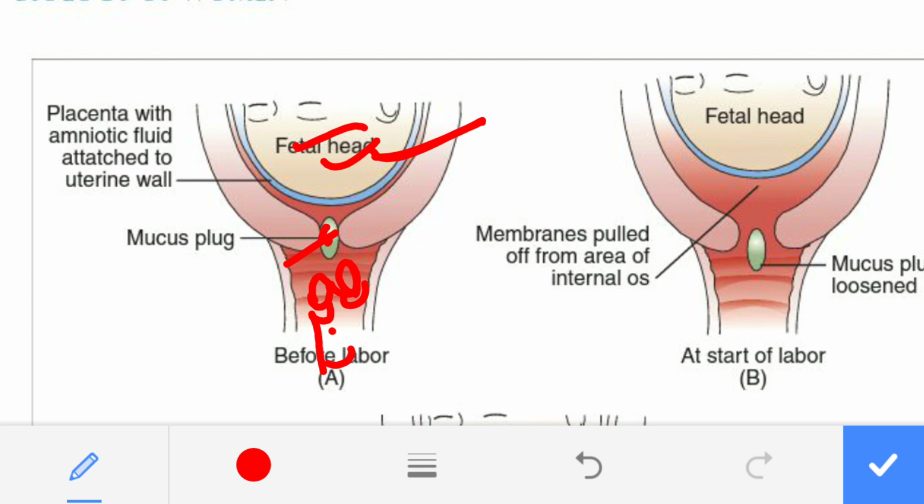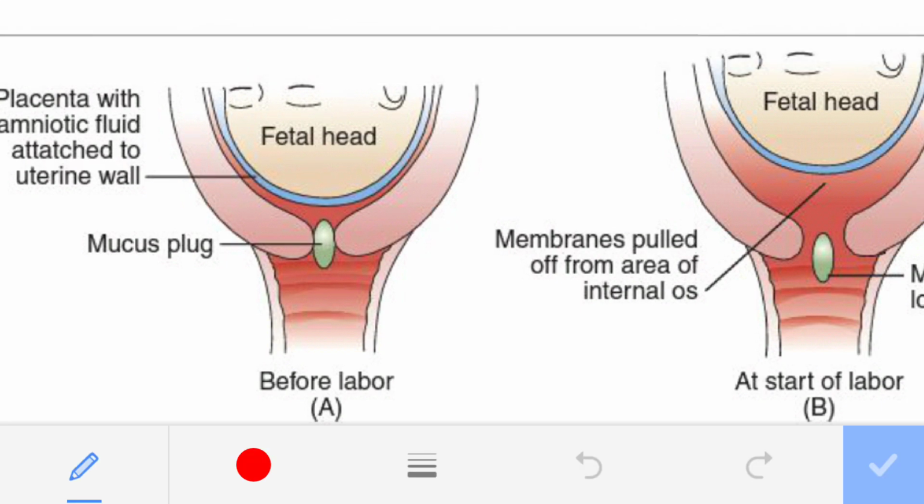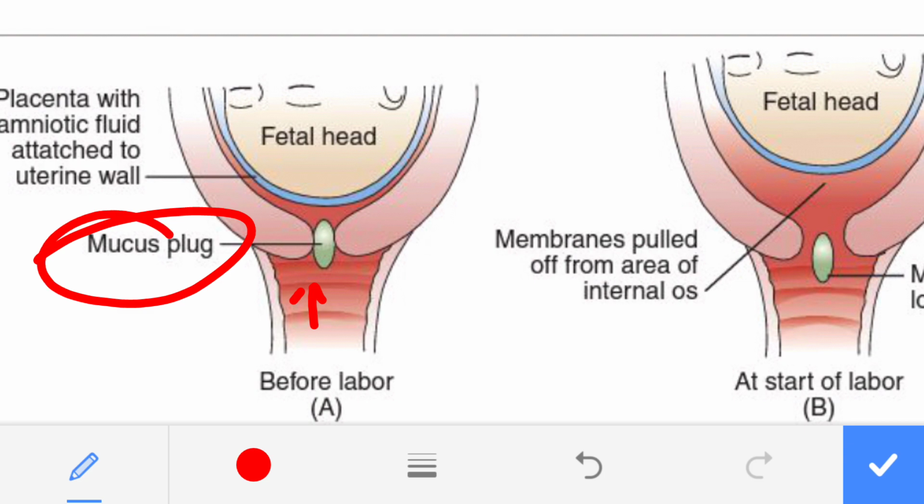Because the development of the baby's body organs is going on, so the sperm cannot irritate the development of the baby. So the entry of sperm is prevented by the mucus plug. And second, microorganisms, for example bacteria, cannot pass through this mucus plug. So this mucus plug is basically protecting the developing baby.